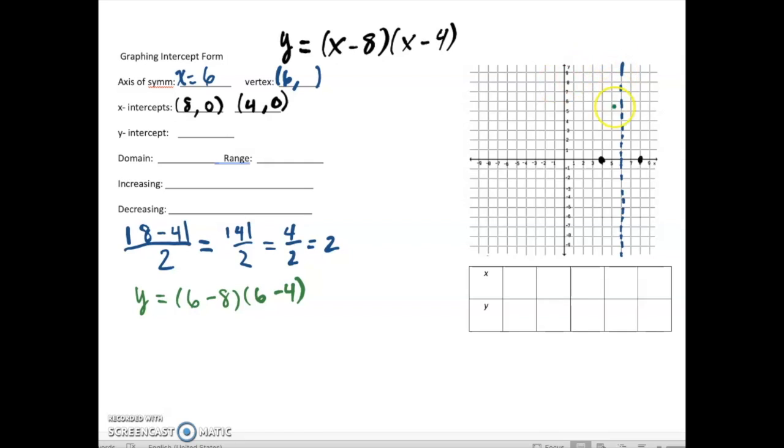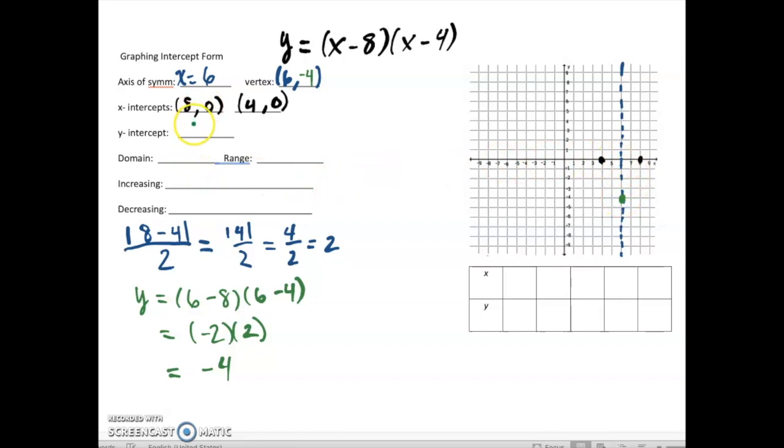I know my vertex is someplace along this axis of symmetry. So I'm going to simplify this. 6 minus 8 is going to give me negative 2. 6 minus 4 is going to give me a positive 2. Therefore, this should be negative 4. So I'm going to write my vertex at negative 4.